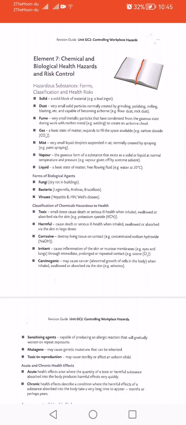Then biological agents, you have fungi, bacteria, and virus.